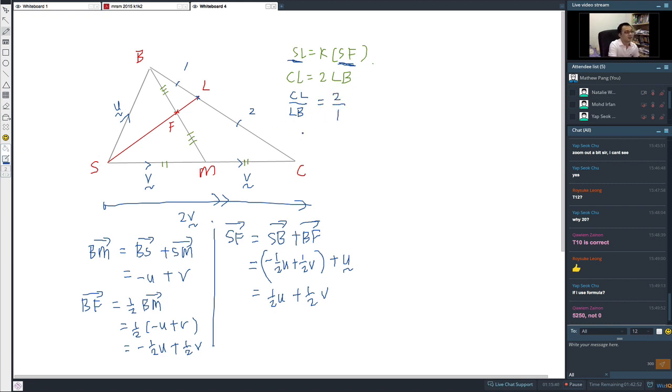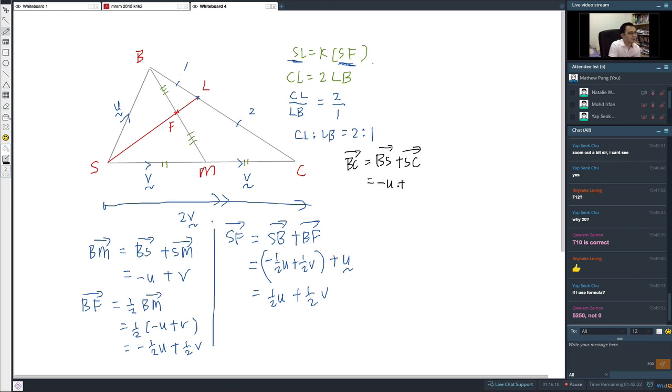Then I can easily find BL if I know BC, so I need to find BC first. BC equals BS plus SC. BS will be negative U plus SC will be 2V. Since I know BC already, I can find BL because BL is 1 over 3 of BC.